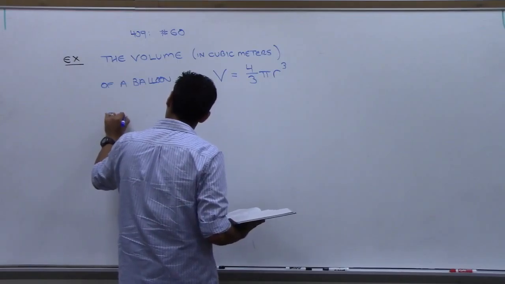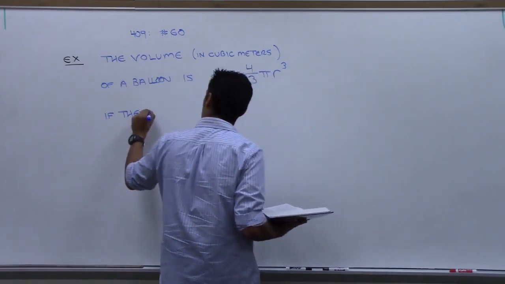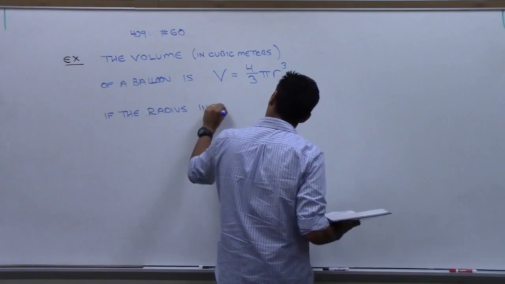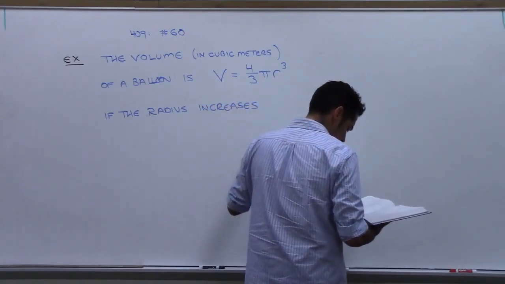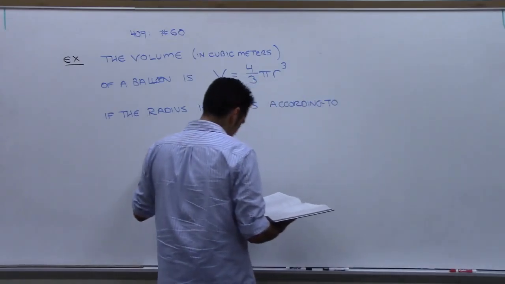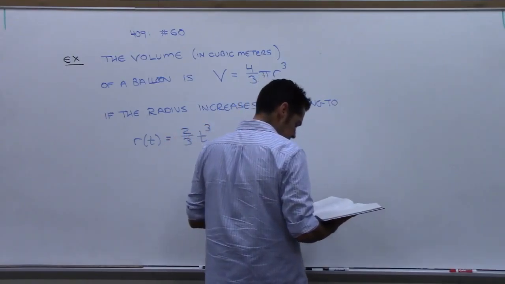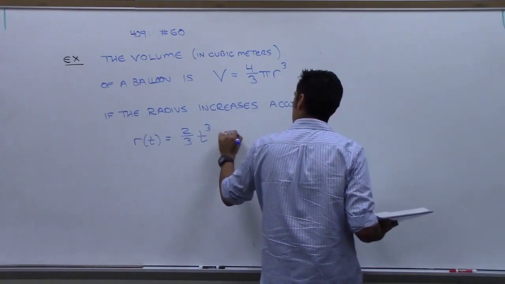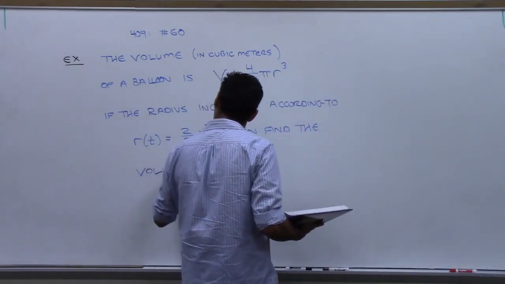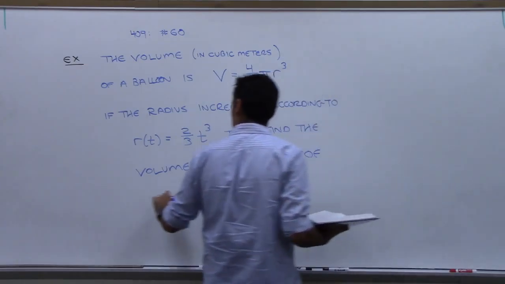If the radius increases according to R of t equals 2/3 t cubed, then find the volume as a function of t.